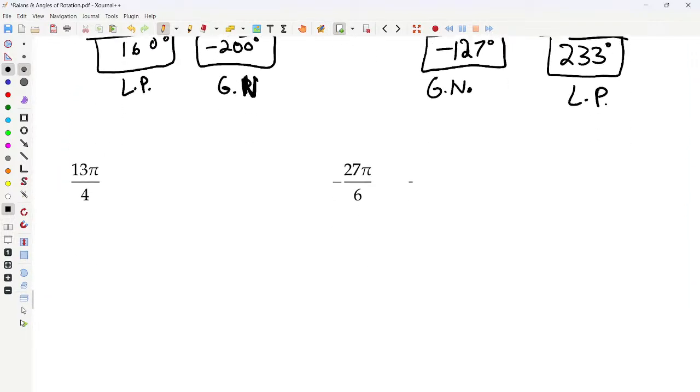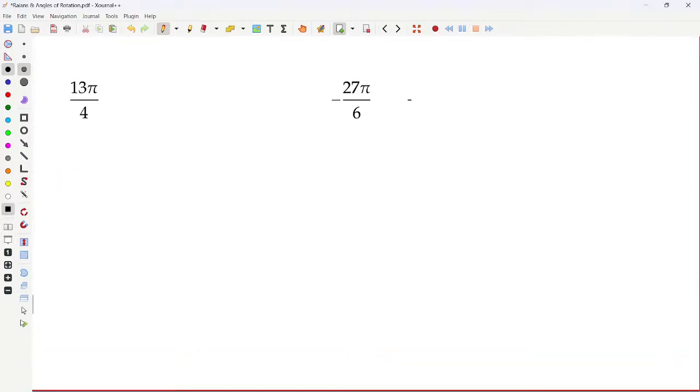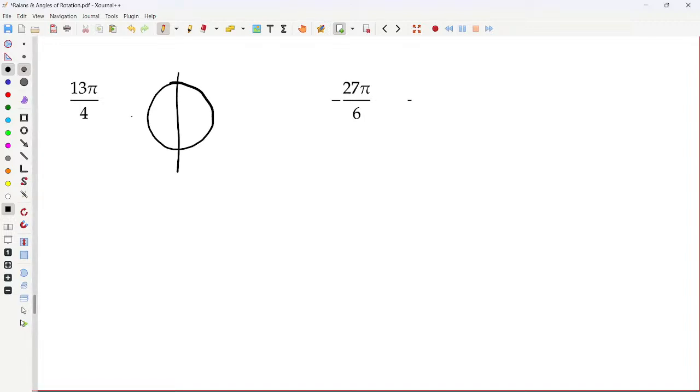Right, mad simple. 13 pi over 4. I could definitely do this, but I actually like just doing circular math. 4 out of 4, 12. Not 12, 8.